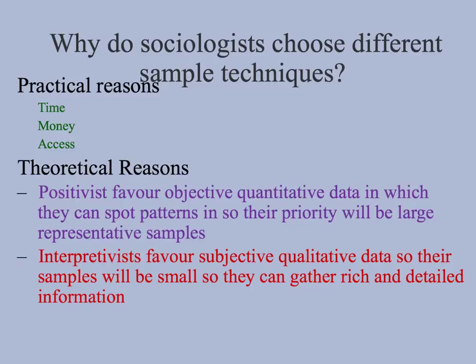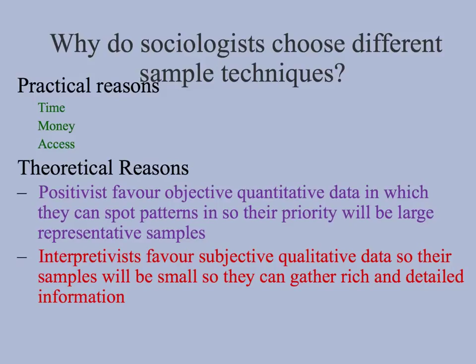The other thing that sociologists take into account is the theoretical reasons, and this sits within the positivist versus interpretivist debate that we talked about last lesson. Positivists favour objective and quantitative data in which they can spot patterns. So their priority when it comes to a sample would always be large representative samples.